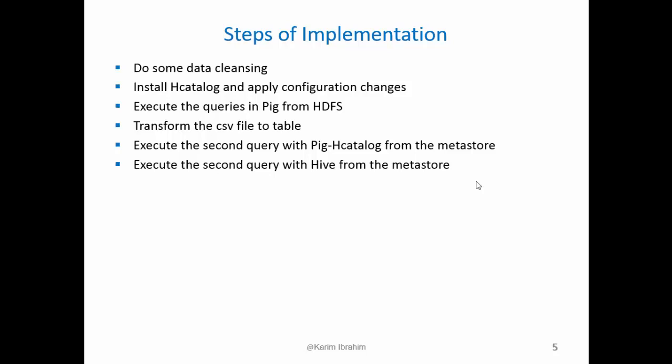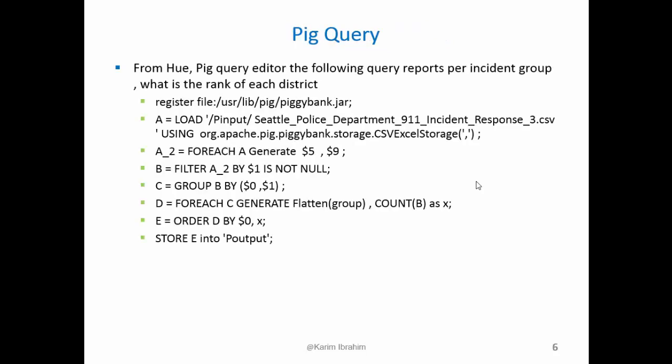Then the second query, which is about the per-incident district rank, I ran a query to integrate HCatalog and Pig from the Metastore table, and the last thing I did was run a Hive query from the Metastore table.